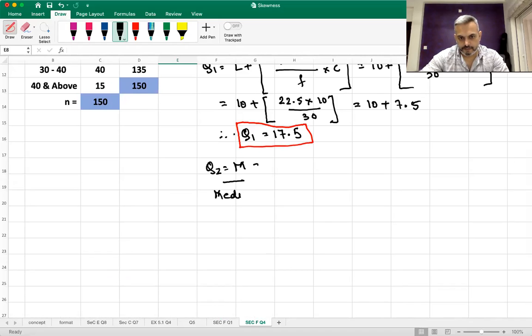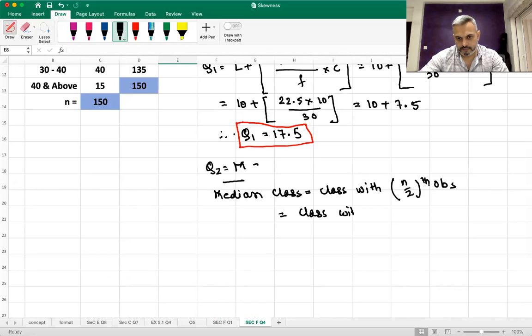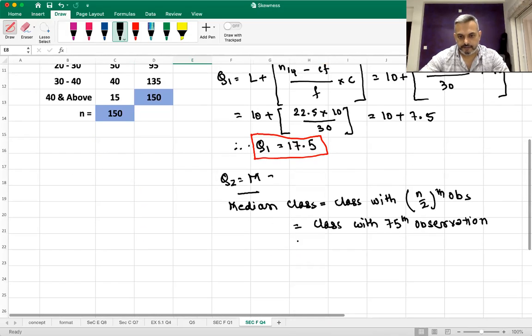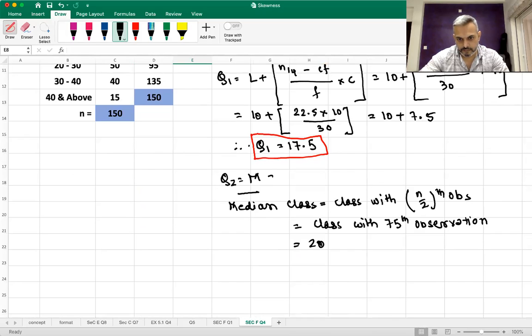So median class is equal to the class containing, or class with, the n by 2th observation, which is equal to the class with, n is 150, so the 75th observation will come in 95, so 20 to 30, which is exclusive.